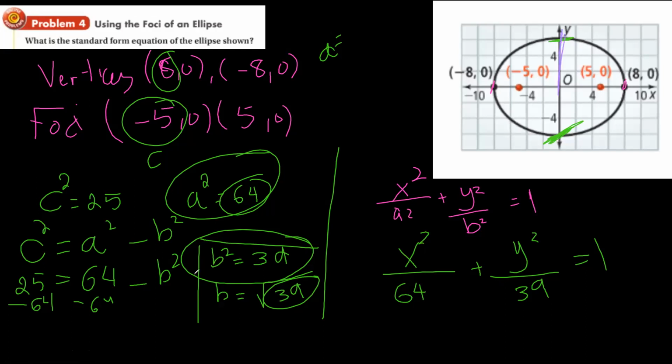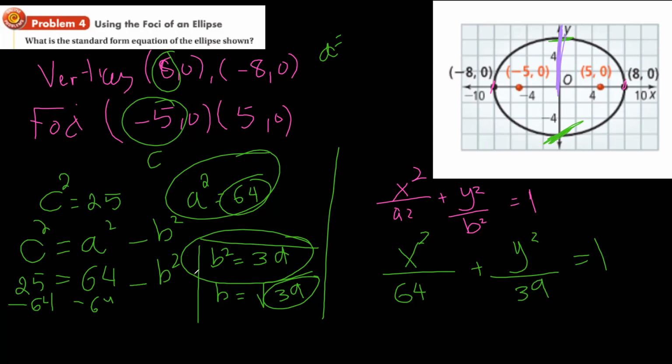If I'm asking you what is the length of the minor axis, you will tell me it is 2 times b, which is 2 square root of 39.